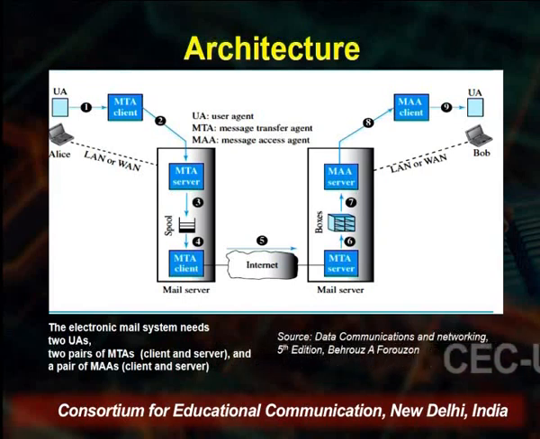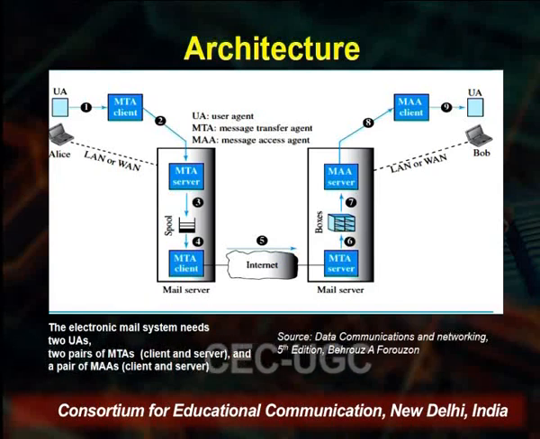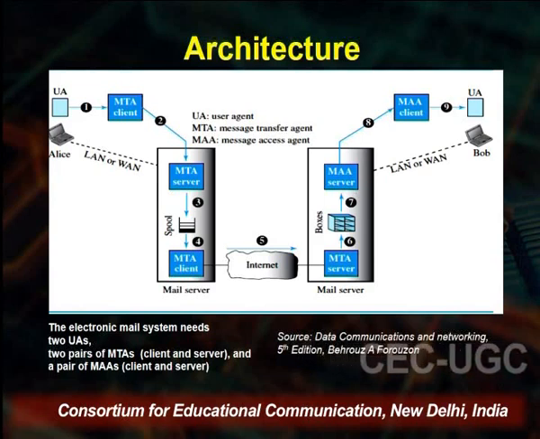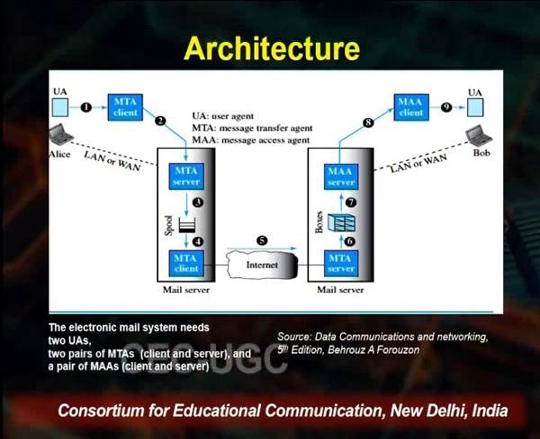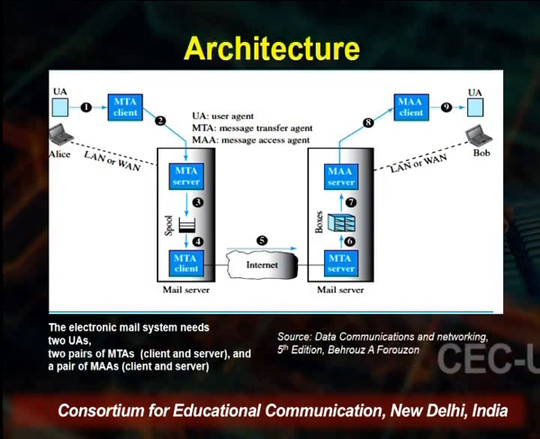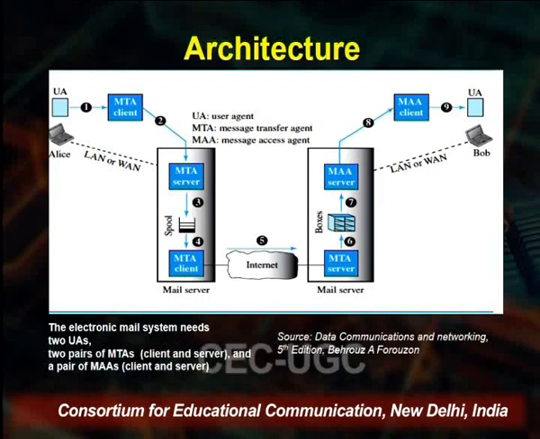We have user agents, that is UA. We have the message transfer agent, the MTA, and we have the message access agent, the MAA. So there are two UAs, two message transfer agents, one for the client and one for the server, and a pair of message access agents, one for the client and one for the server.